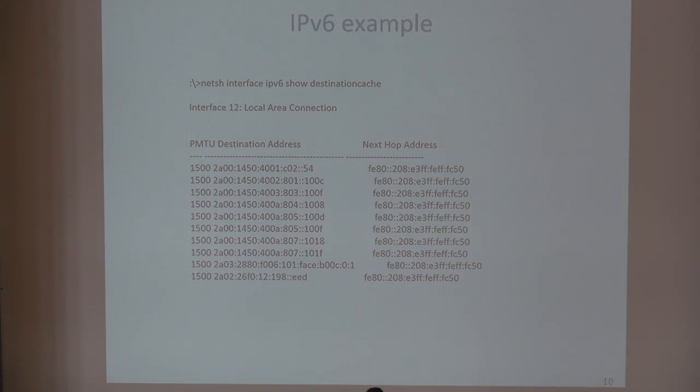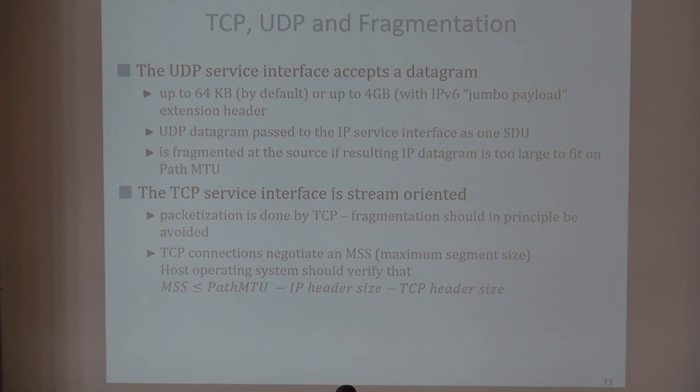Which means that when a host sends a packet to a given destination, if it's a modern host, it will know what is the maximum MTU that it can use to avoid fragmentation, because we consider it's bad. TCP should always avoid fragmentation, and as I've discussed, UDP accepts fragmentation, but in principle, will try to do it at the source only.